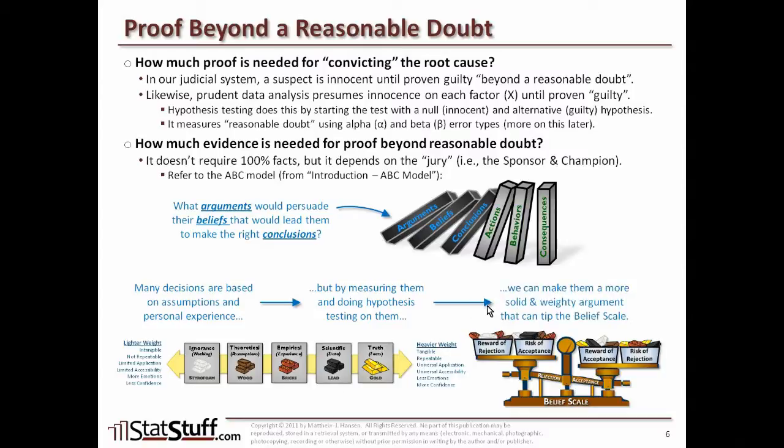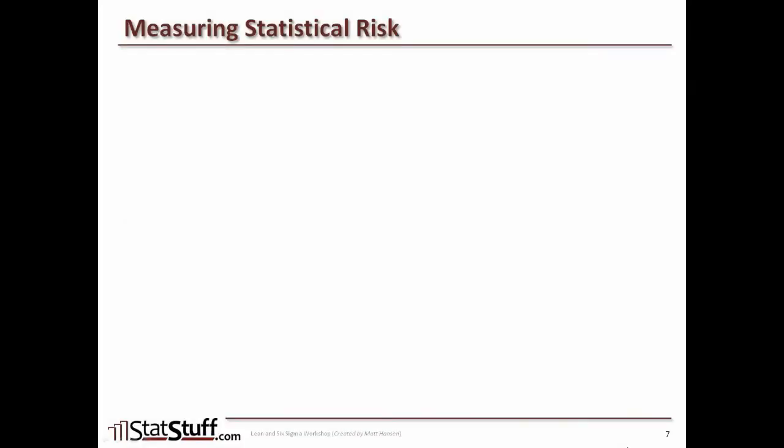And by doing that, it's going to help add more weight to one side of the scale. It's going to tip their belief in one direction or another once we have that data. And by tipping the belief in one direction or another, it's going to help influence the conclusions or decisions they're making that will give them more confidence that they're making the right decision that would lead them to the right actions.